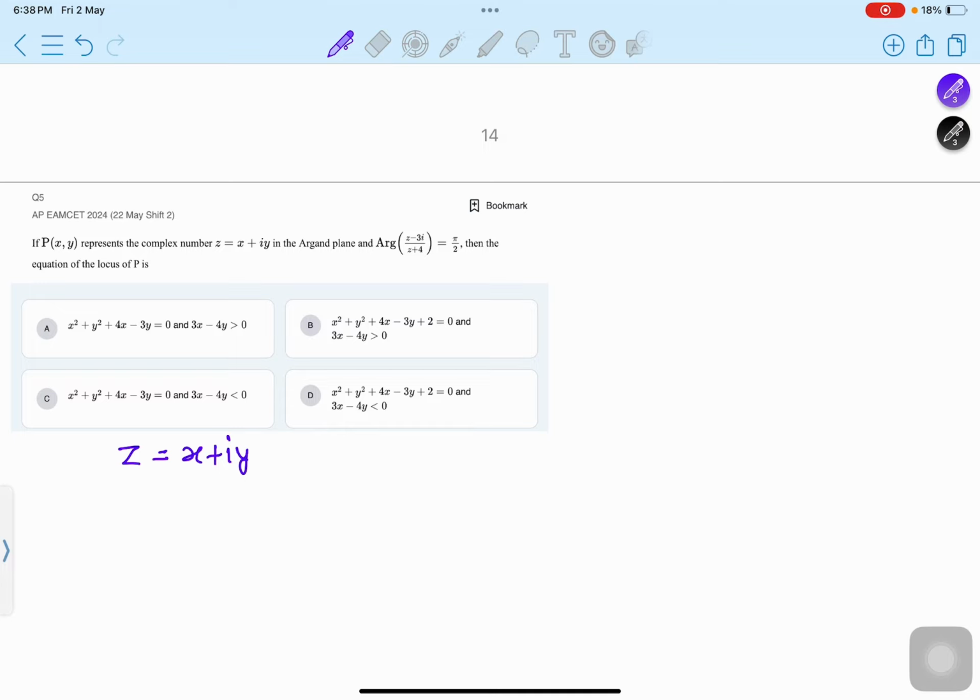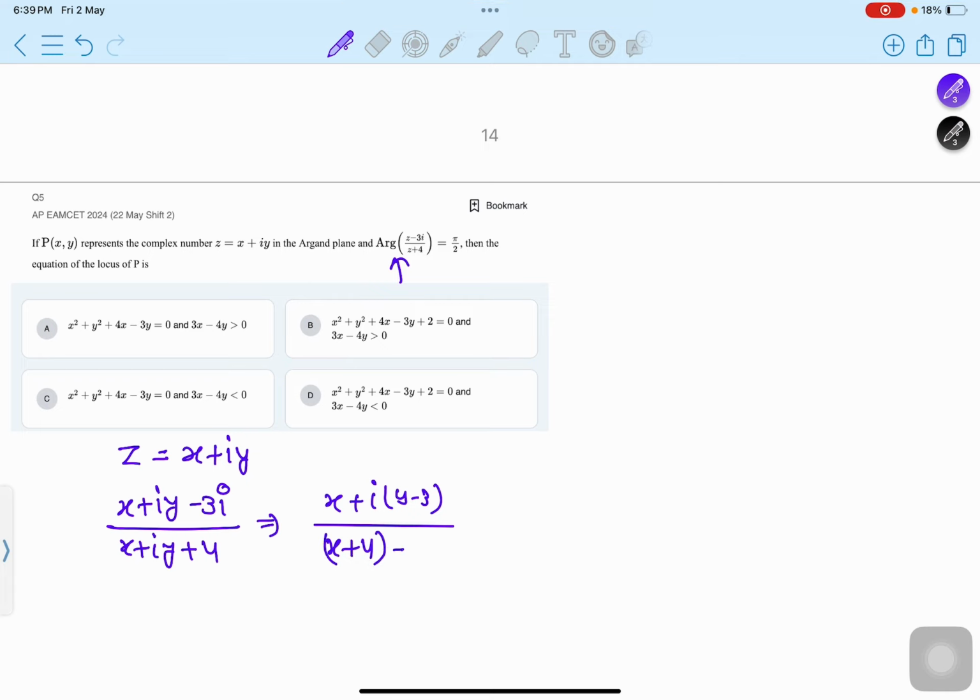So firstly apply x plus iota y minus 3 iota, divided by x plus iota y plus 4, replacing z with x plus iota y. Okay, and solve that. How to solve that? The real part and the imaginary part: x plus 4 is the real part in the denominator, and then iota y minus 3 in the numerator.